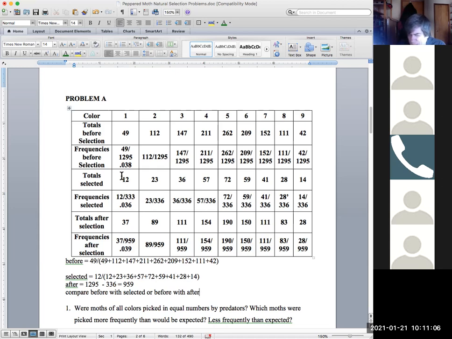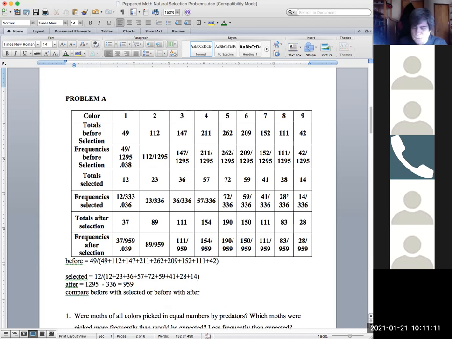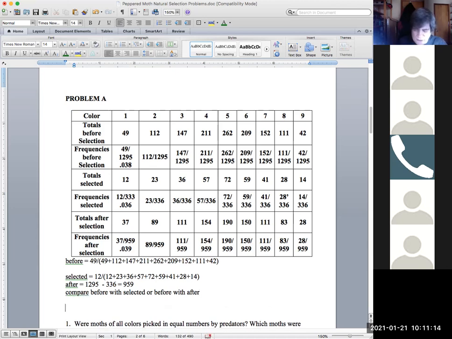So let's think about, first of all, comparing before with selected. Let's take a more dramatic example. These numbers are all pretty close, but let's think about the general case. Notice that in this case, selected is a smaller number than before.